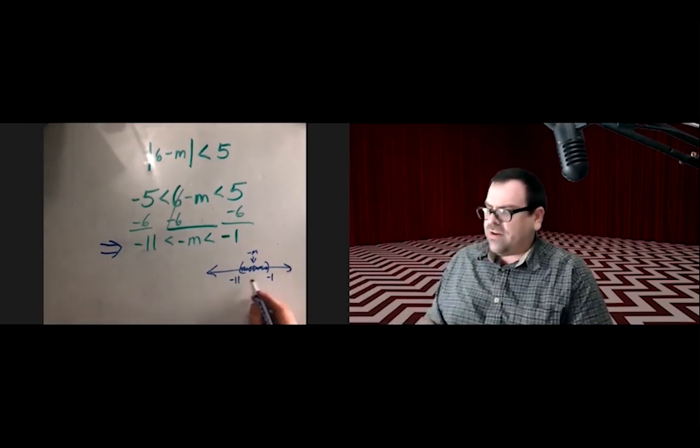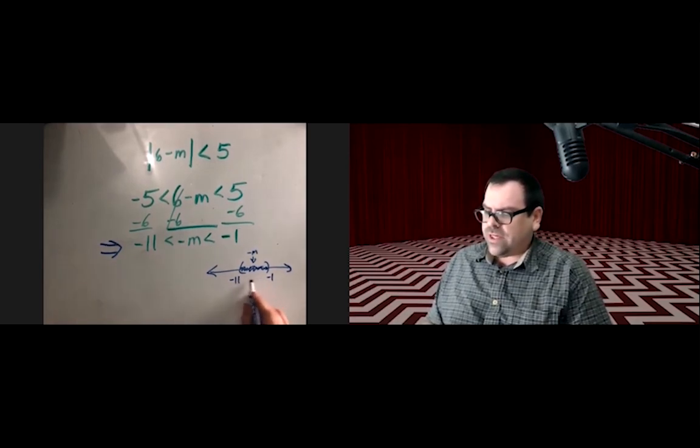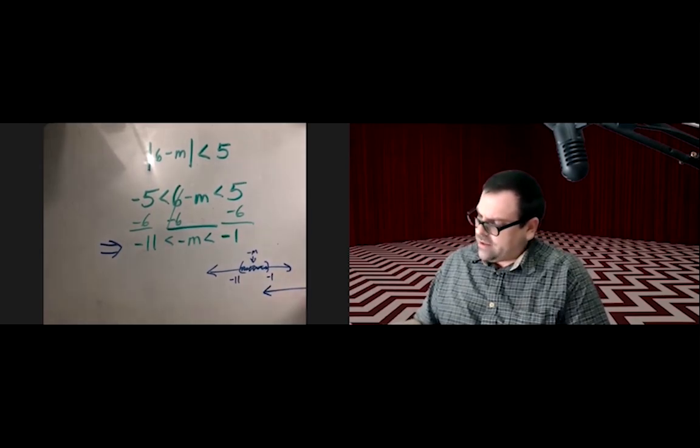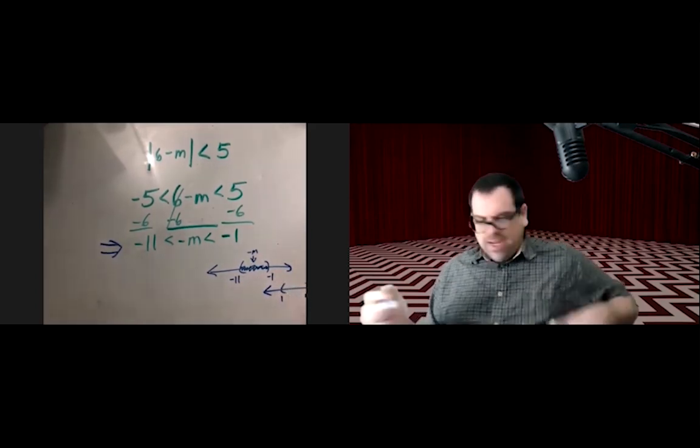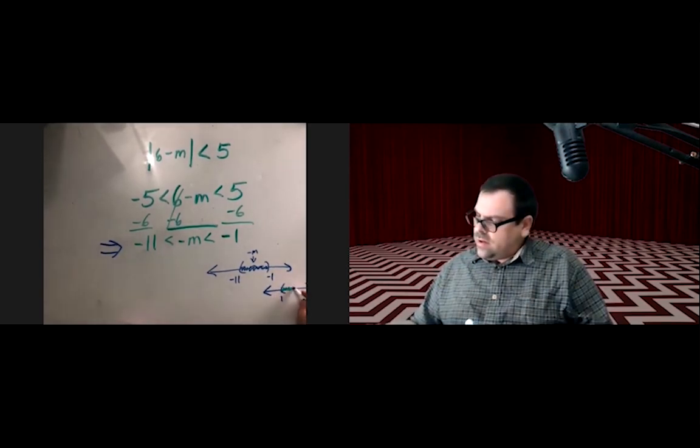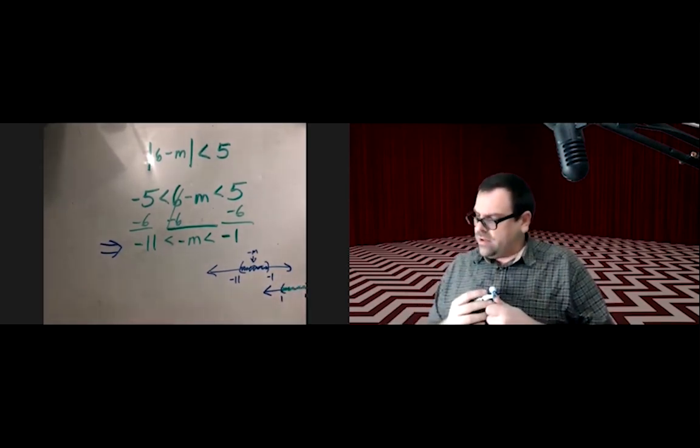If the opposite of our answer is over here, where's our actual answer going to be at? Well, the opposite of negative 1 is 1, and the opposite of negative 11 is positive 11. So if the opposite's in here somewhere, the real answer must be over here somewhere.